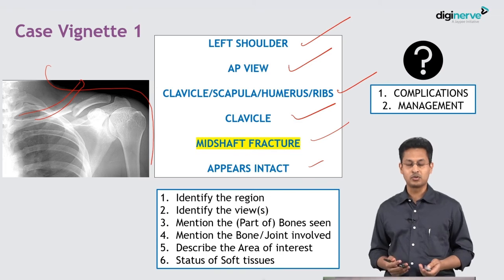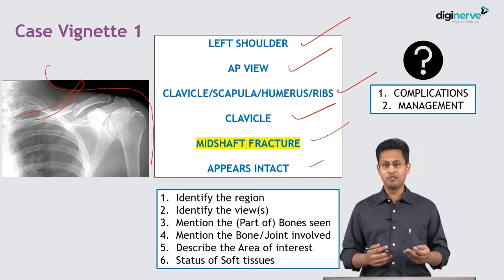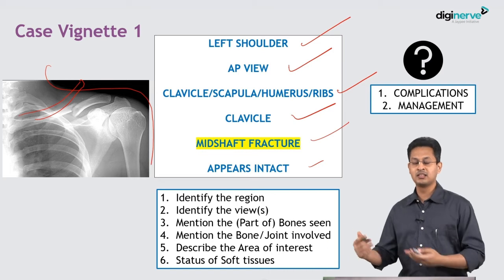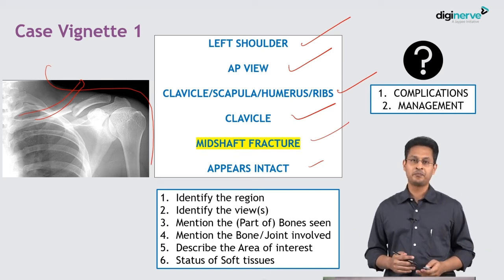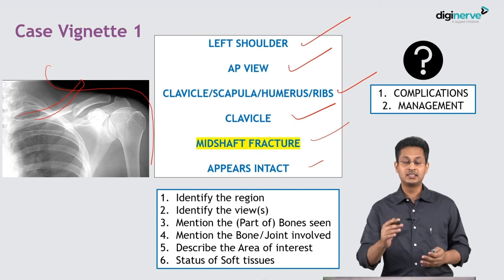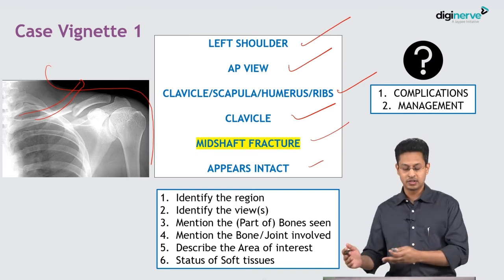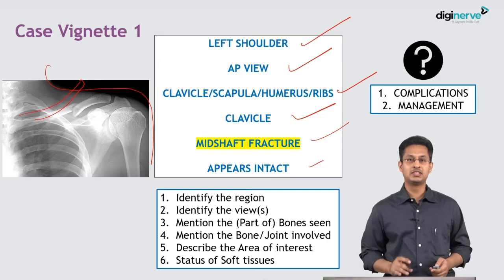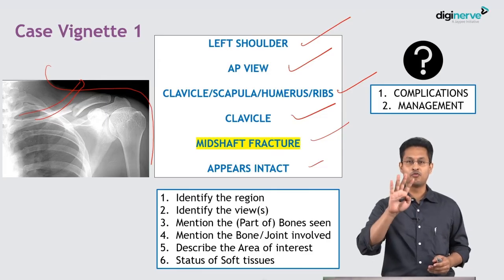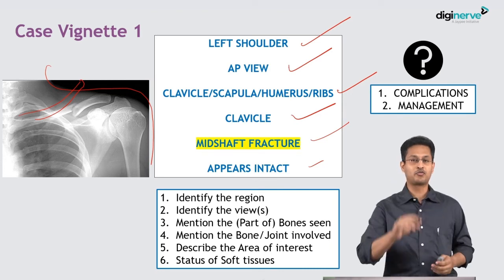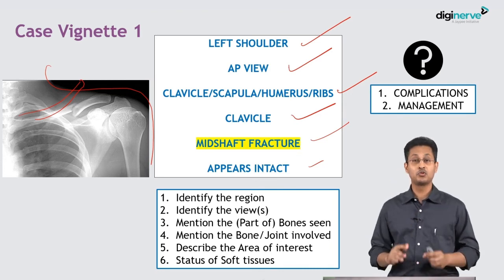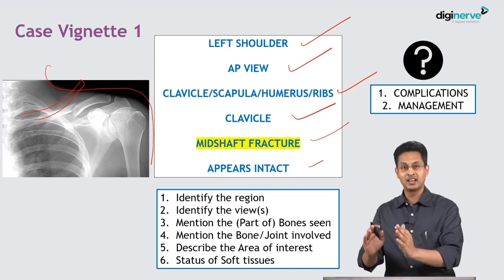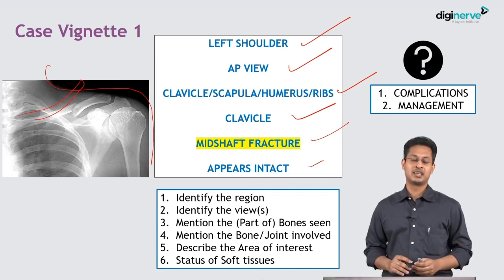These are the common questions asked. Since most X-ray films show some fractures, it is very commonly asked what the potential complications of this injury are. A simple way to approach this is that most fractures have four types of complications commonly seen. You can use that as a template again for individual X-ray films.